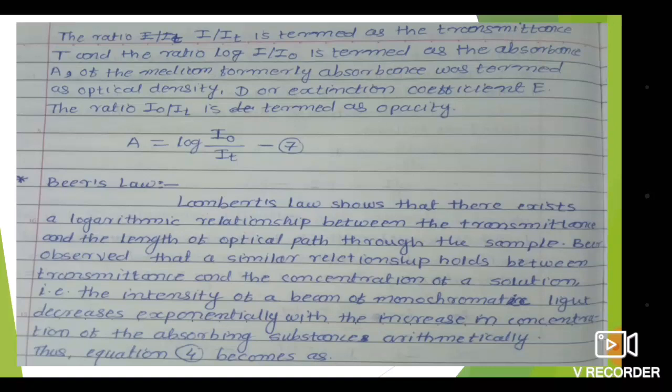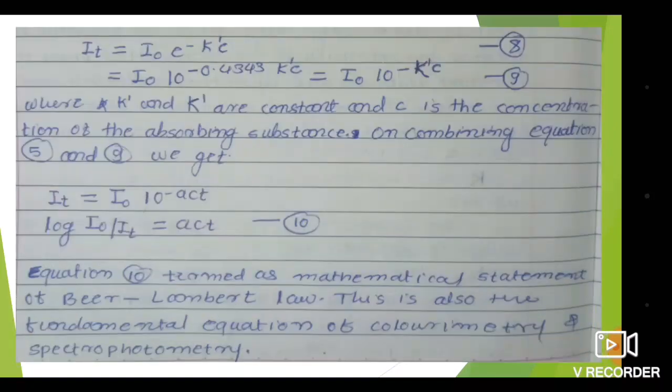equation 4 becomes IT is equal to I0 e raised to minus K'C. So it is equal to I0 10 to the power minus 0.434 K'C, which is equal to I0 10 to the power minus capital K'C, where K' and capital K' are constants and C is the concentration of the absorbing substance.